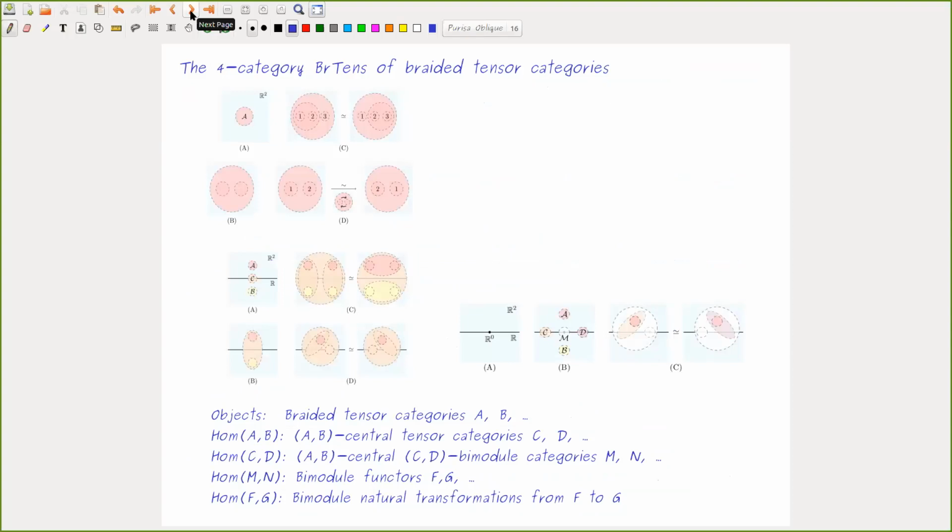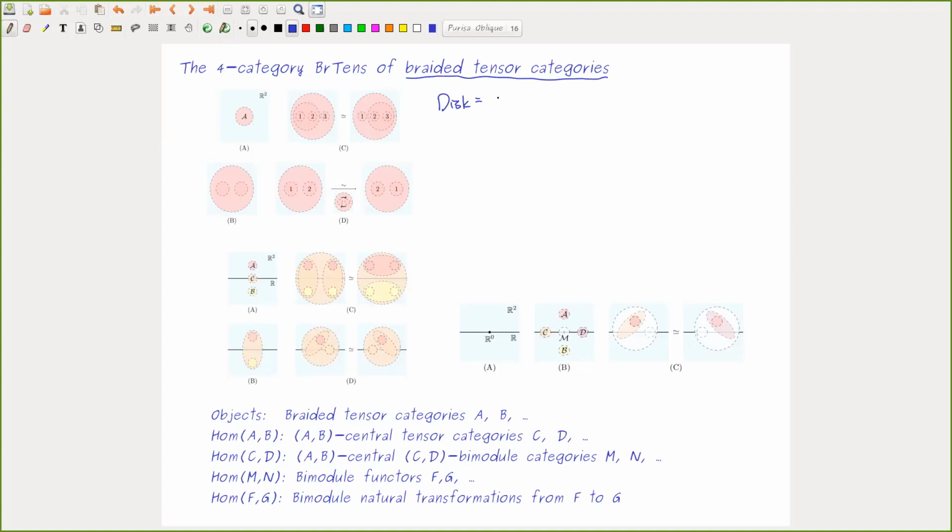Okay, so right, I want to give you some sense of where this is all taking place. And so we're going to be talking about braided tensor categories. And I want to first remind you of a way to think about these in a more topological sense. So there's a category of disks. So these are just 2-dimensional disks.